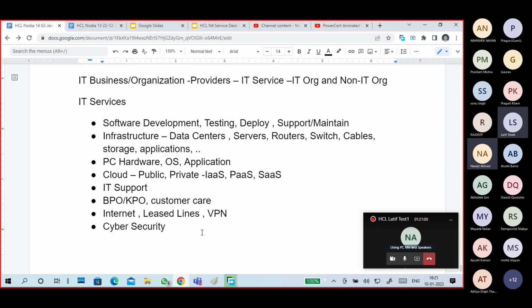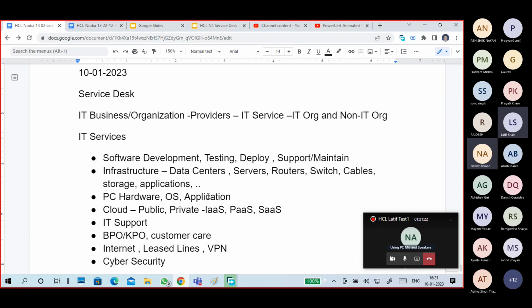This is what I'm trying to say. So an IT service provider provides IT services to organizations. The organization can be an IT organization or a non-IT organization using IT services. First understand this based on the organizational level.